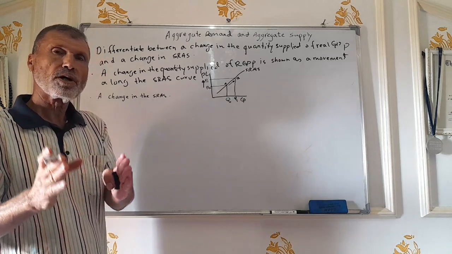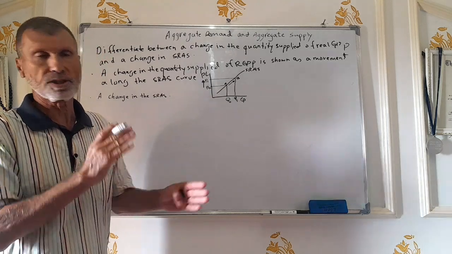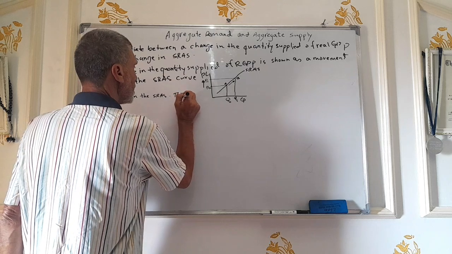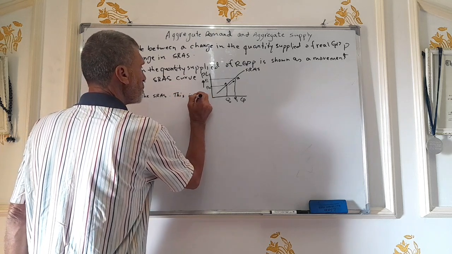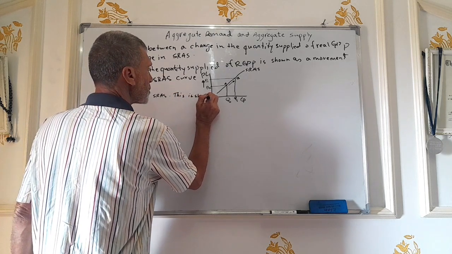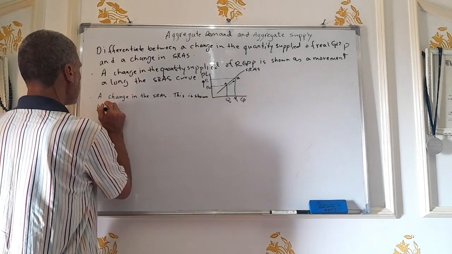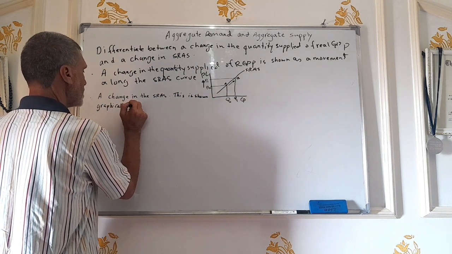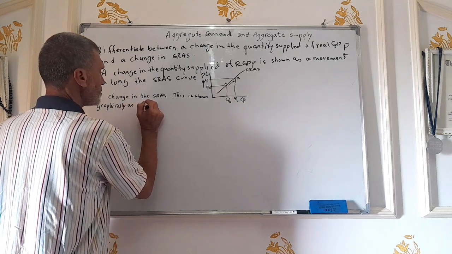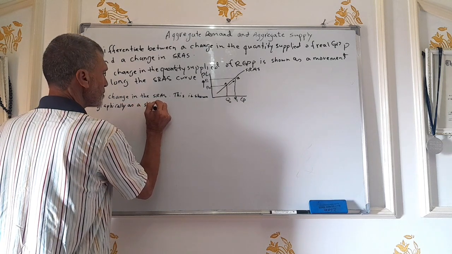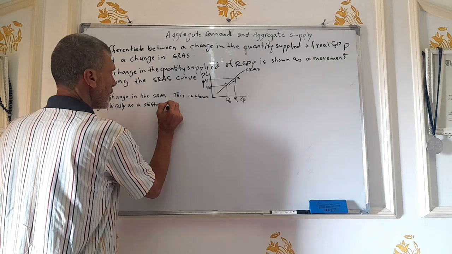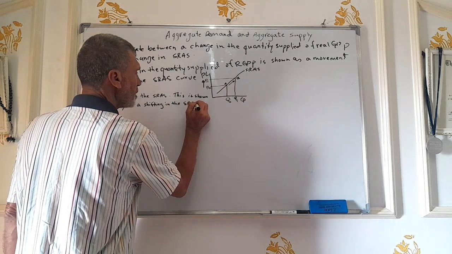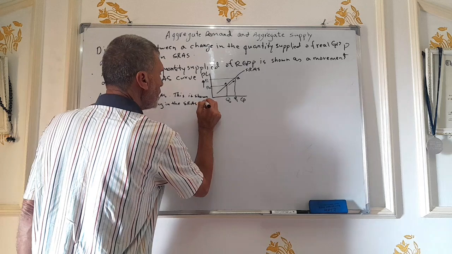Here we're going to talk about factors that cause that shift. So this is shown graphically as a shifting in the short-run aggregate supply either to the right or to the left.